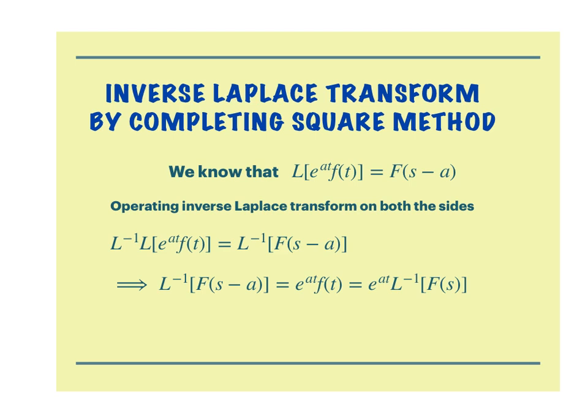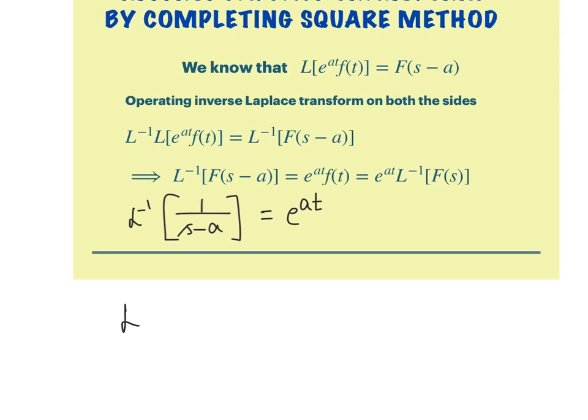For example, we know that inverse Laplace transform of 1 by s minus a is e power at. But if we have the problem of finding inverse Laplace transform of 1 by s minus a whole cube, or whole square, or whole power 4 or power 5, and so on, you cannot obtain it directly by applying the formula.